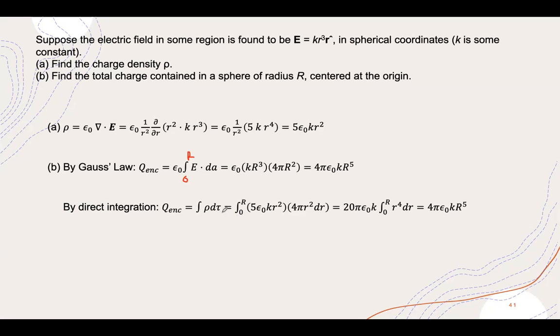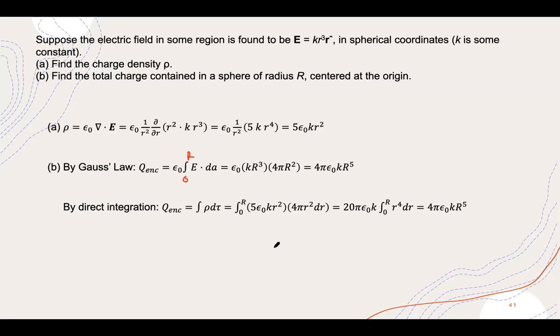And this d tau is nothing but 4 pi r squared dr. And once you do the integration, you're going to get the same answer which we got here. So you see, this kind of problem can be asked as an MCQ in your competitive examinations. So just get into that, and you're going to see things very clearly.